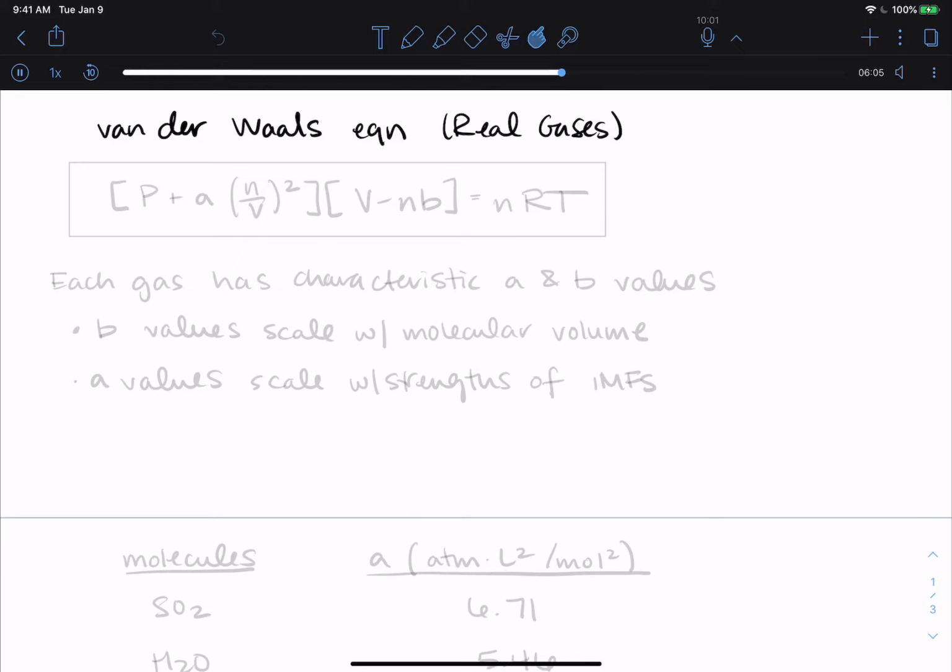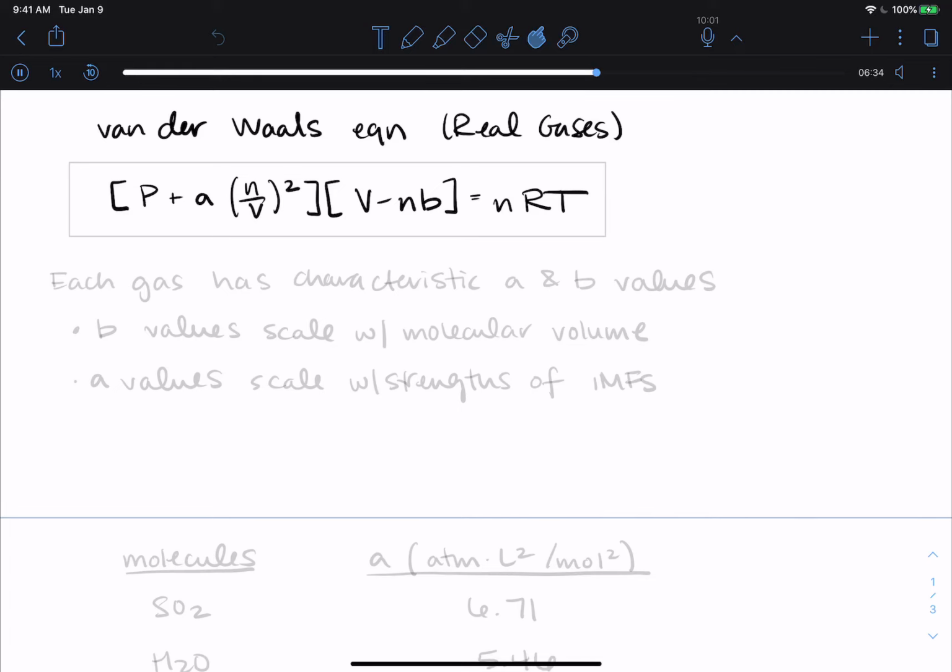And it is, in brackets, pressure plus a, which is one of our variables, times n over V squared. And in new brackets, times V minus n times b, which is our other variable. And this is equal to nRT.